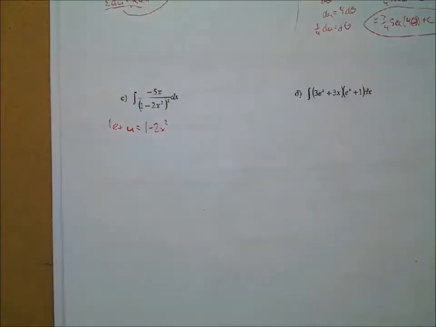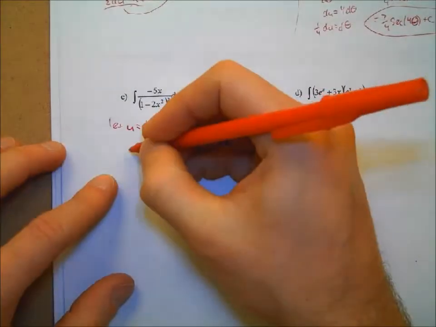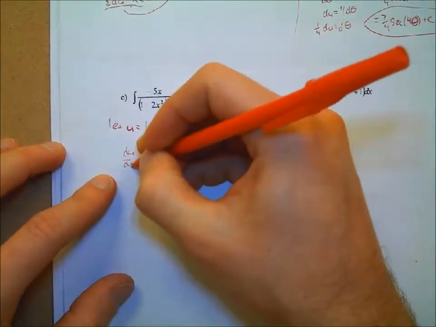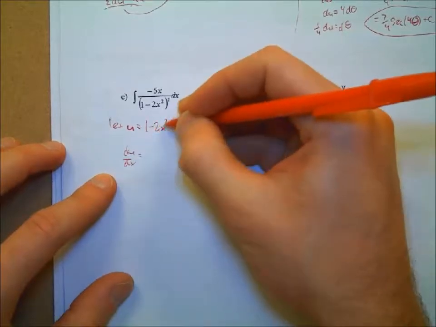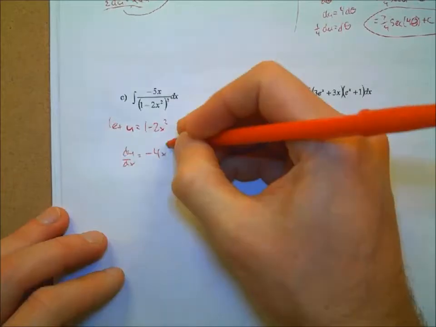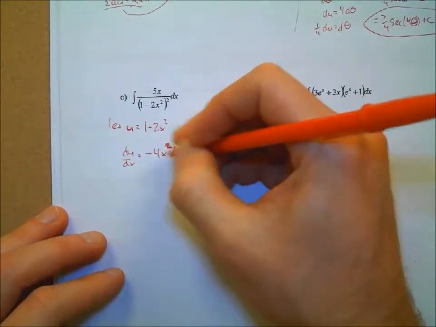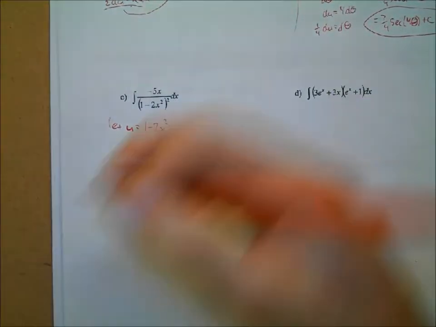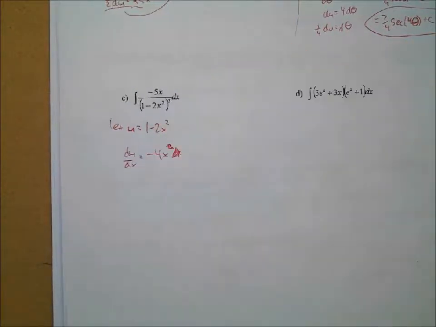Let's try it. What's the derivative of 1 minus 2x squared? Well, derivative of 1 is 0. Derivative of minus 2x squared is minus 4x squared. Whoops, minus 4x. Goodness gracious. Yes, minus 4x. Okay, the 2 comes down, right? Negative 4x.